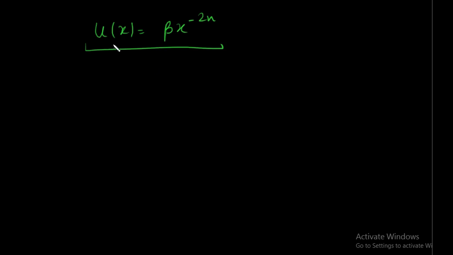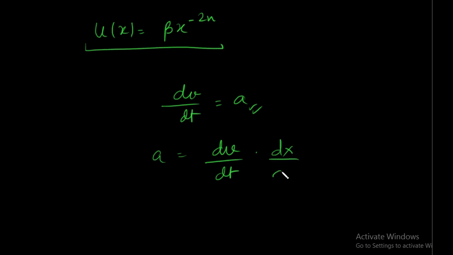This is very simple because this is the velocity given, hence the differential of velocity with respect to time is acceleration. Now velocity is given here as a function of x, so we cannot just take time because time is not here. So what we do is dv by dt, we now multiply and divide with dx.